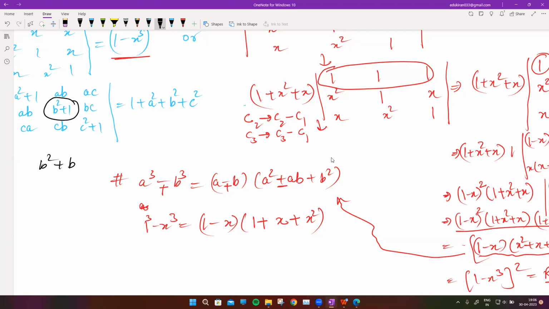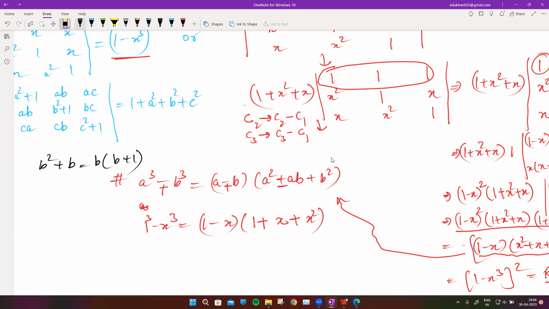If this had been b square plus b, I could have taken b common easily. But this is b square plus 1. So b is involved in the whole of row 2, but still I cannot take that b common. This is the important takeaway from looking at this determinant.